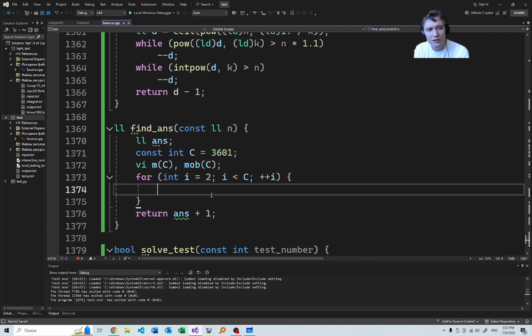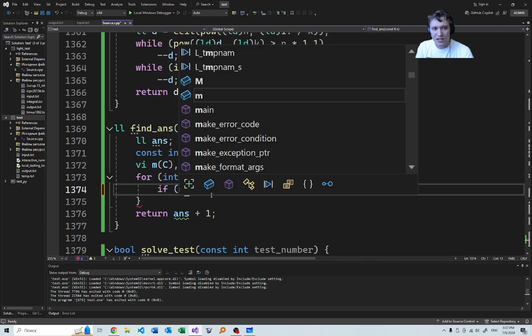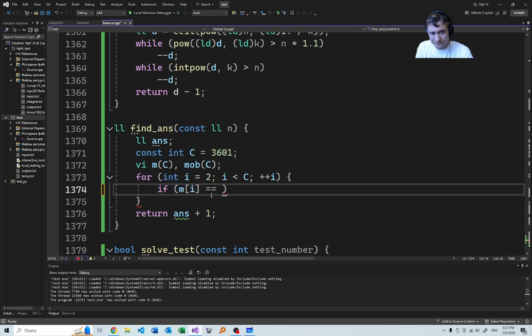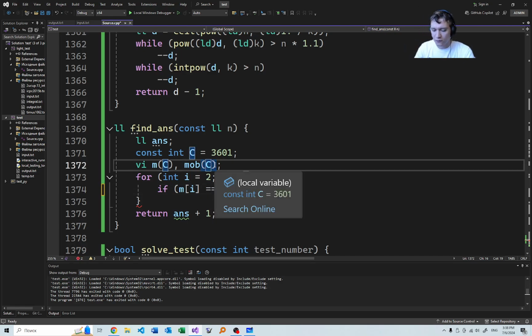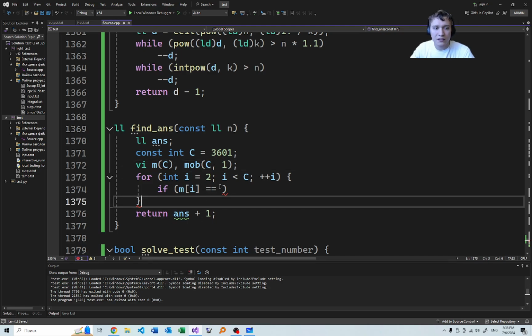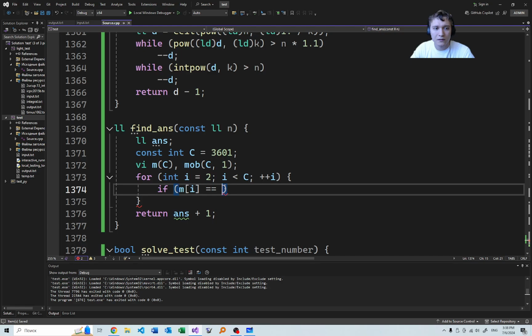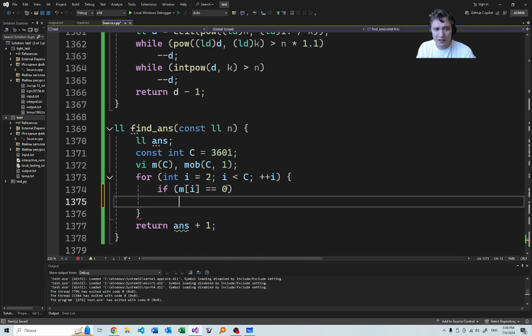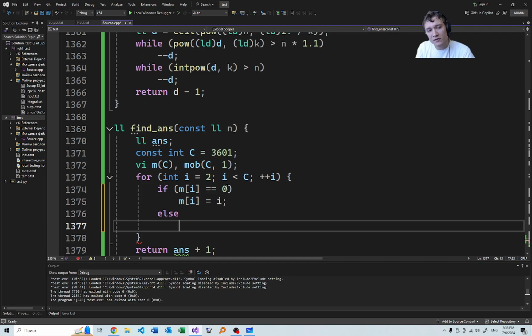So first of all, if minimum prime of I is zero, then mi is I, and the Möbius function is correct because it is 1.